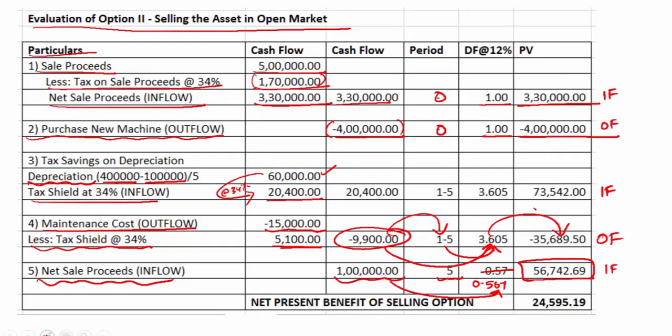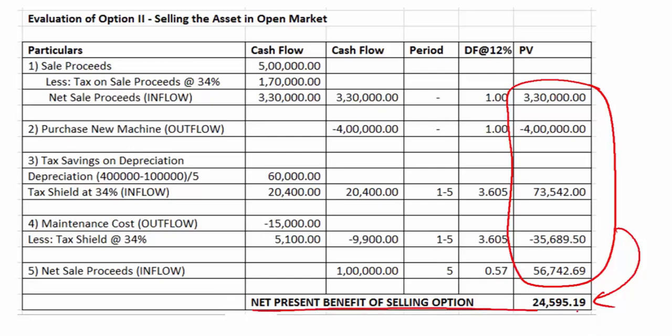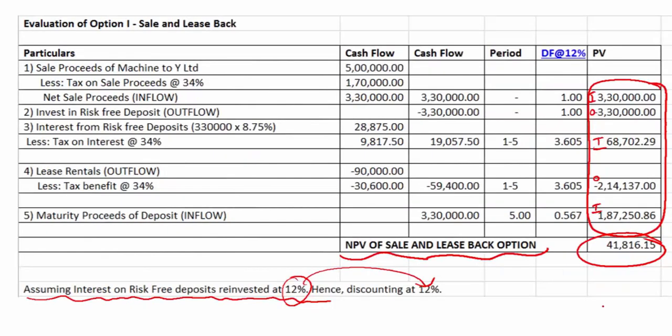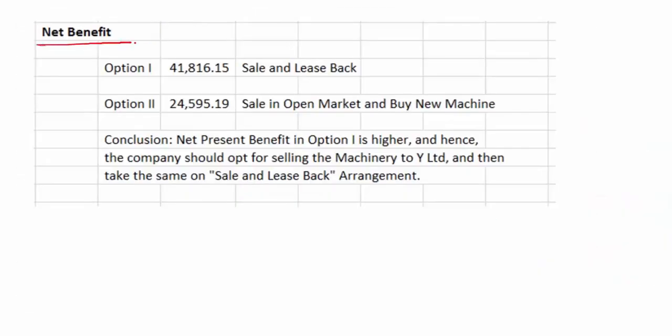Now we have to total all these items. If you total all this, you get 24,595. So this is the net present benefit of your selling option. You know the net present benefit of your lease option. So let's tabulate them. Your option 1, sale and lease back, is 41,816.